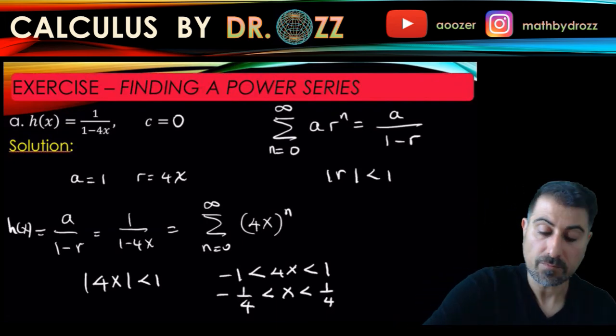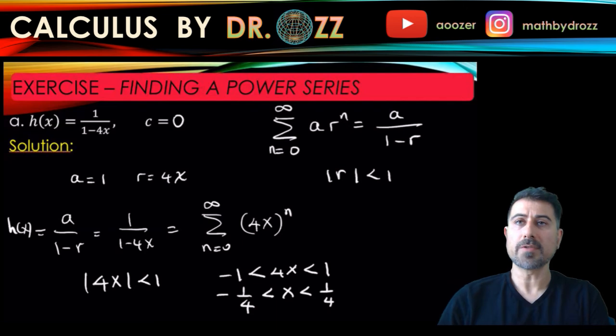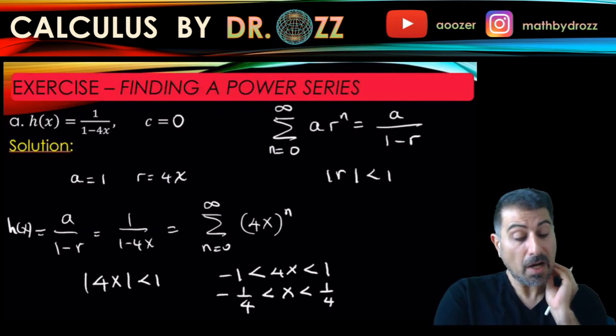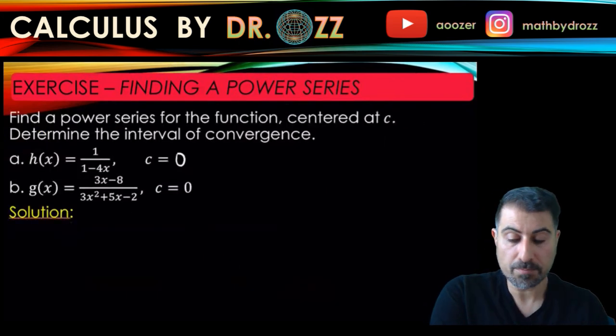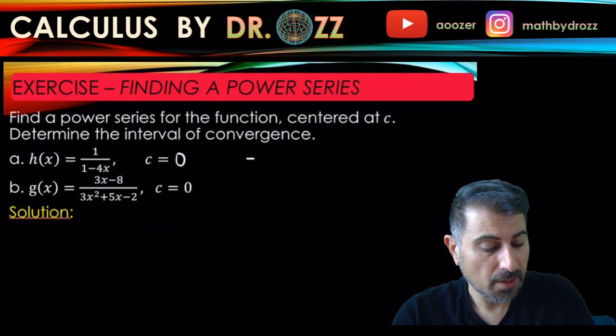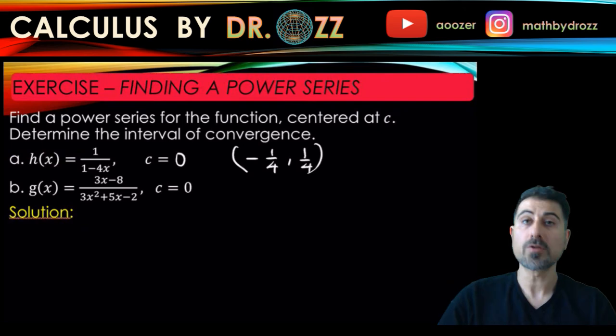So if I want to represent h in terms of a power series, the interval of convergence is -1/4 to 1/4, and the power series comes with radius of convergence 1 over 4. So here the interval of convergence is -1 over 4 to 1 over 4.